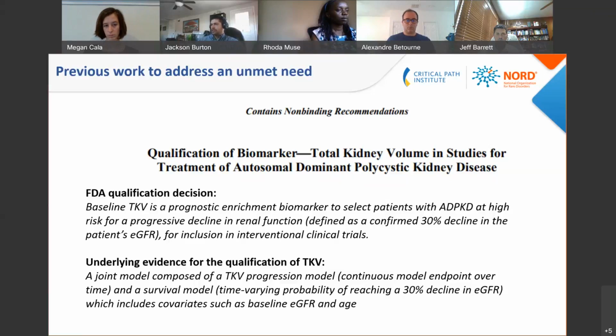Klaus, it might be a good segue here just to briefly touch on the regulatory mechanisms, maybe the concepts of a context of use definition, just to provide a little bit more background and context for this part of the discussion. Yeah, happy to. And that's another great question from the audience.